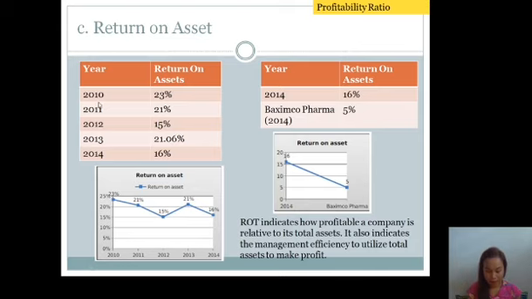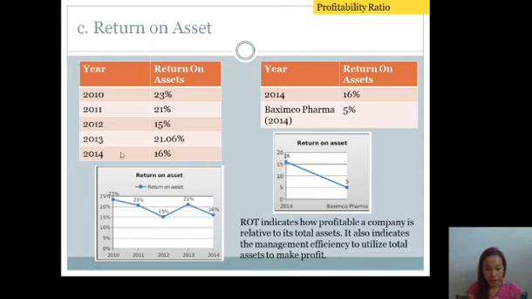In 2010, it was highest compared to the previous year, which is 23%, and again dropped to 16% in 2014. In 2012, ROA is lowest compared to other years, because in this year, net income is lowest than other years.